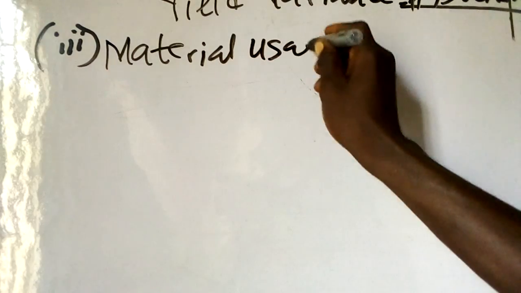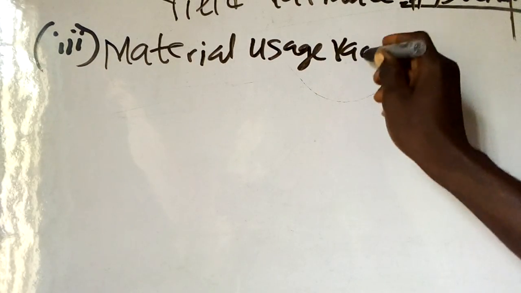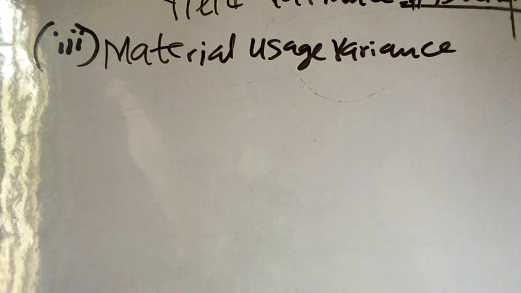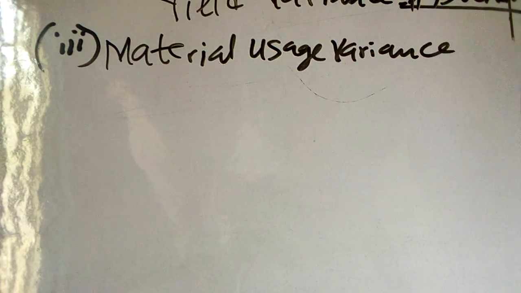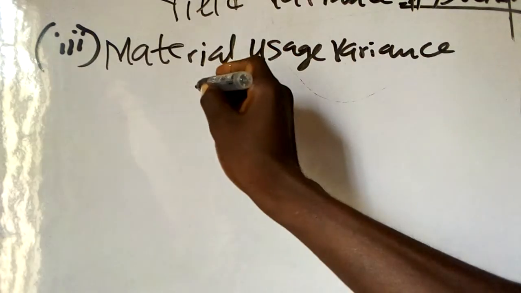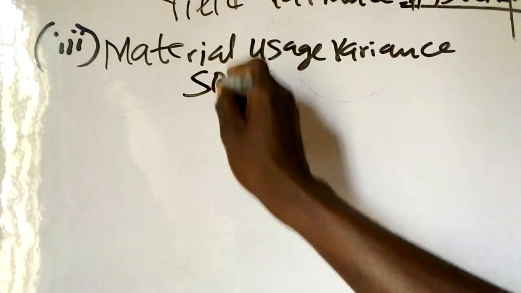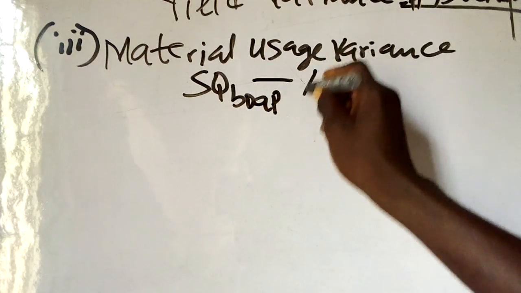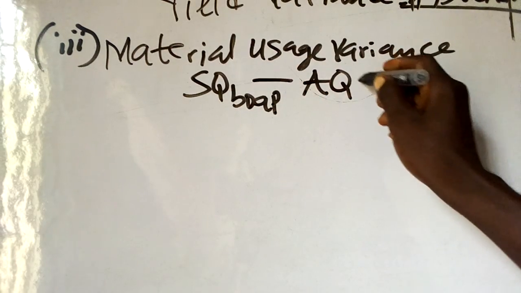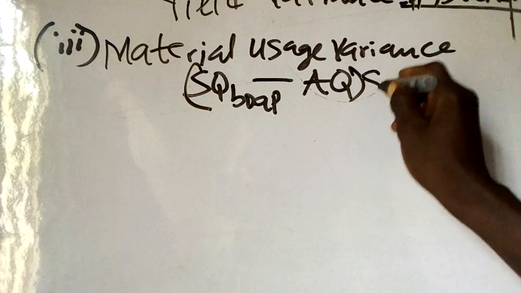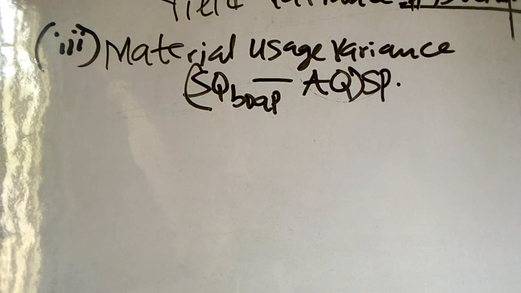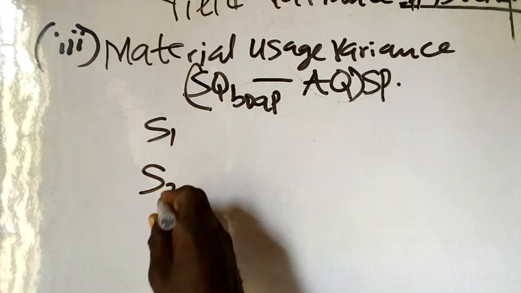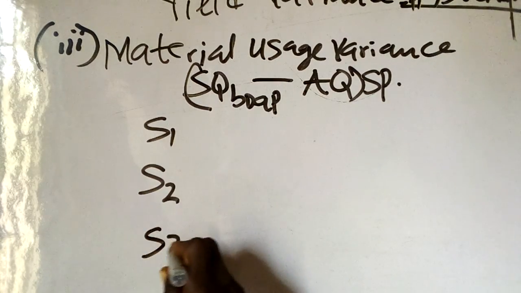For better understanding I will advise you to go over my lectures on materials variances. That will be the standard quantity based on actual production minus actual quantity multiplied by the standard price. So we have material S1, S2 and S3.